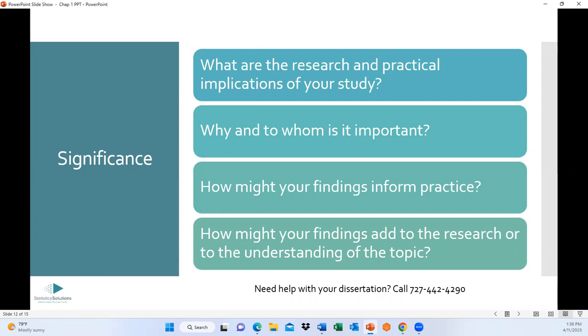Also, what is the value to practice, right? So what are the practical implications or significance? Let's say we are doing that study on why special education teachers leave the field. Well, who do you think that information would be valuable to?